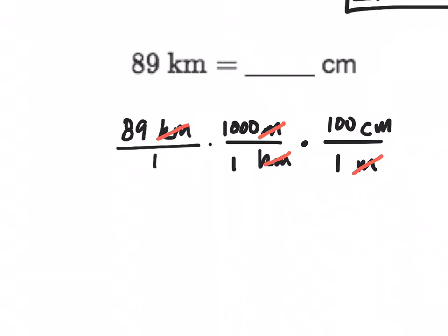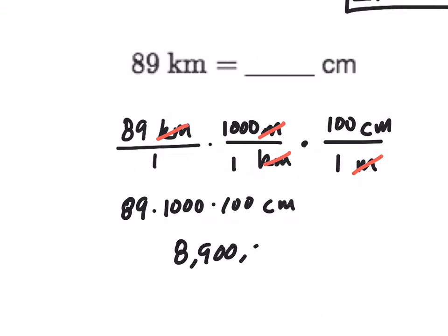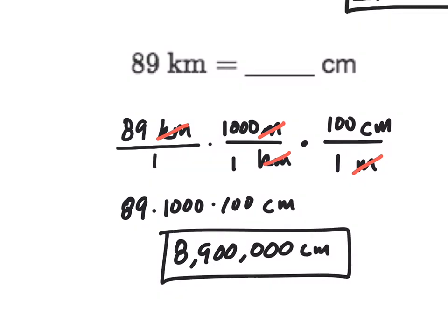I've got 89 times 1,000 times 100, and this is centimeters. Multiplying this out, we get 8,900,000 centimeters.